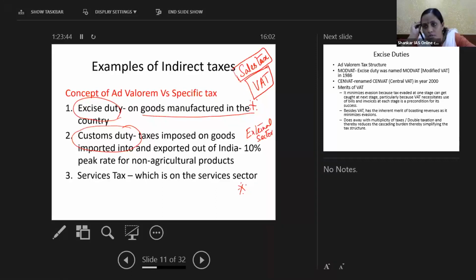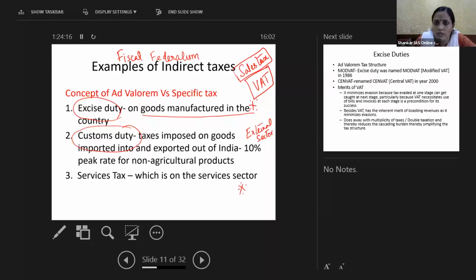Whenever I start talking about these indirect taxes, there are mainly differences between the central and the state government. And we are going to call this kind of division of powers in economics by the word fiscal federalism.